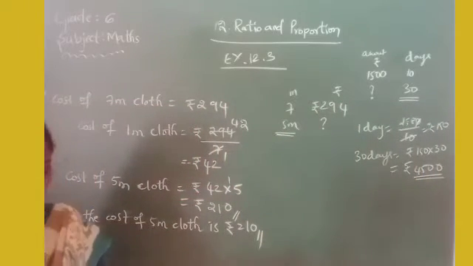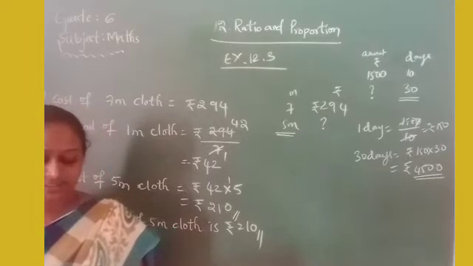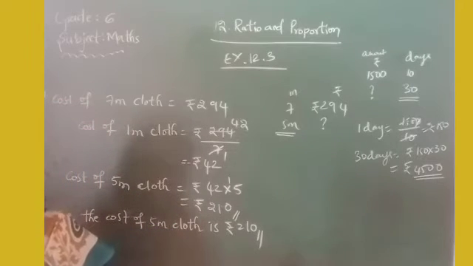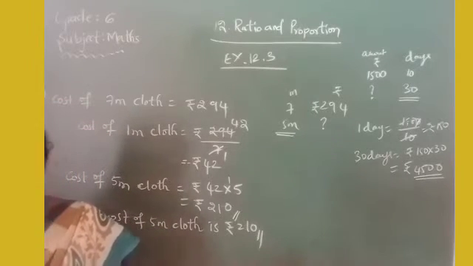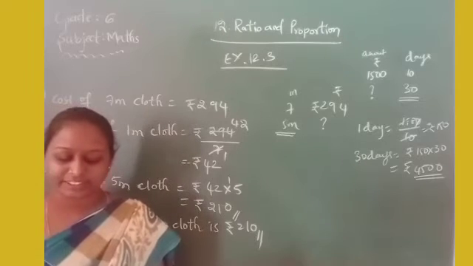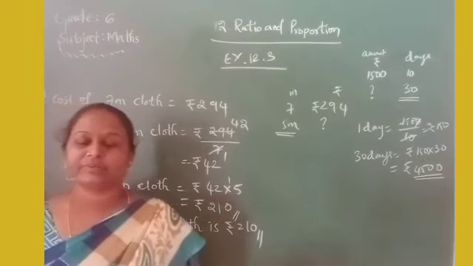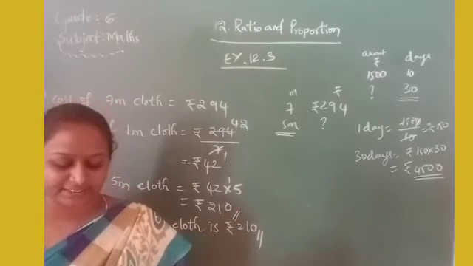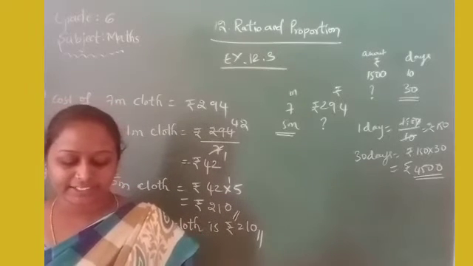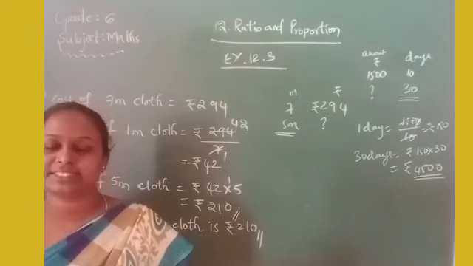Okay. See third question. If it has rained 276 millimeters in the last 3 days, how many centimeters of rain will fall in one full week? One full week means how many days? 7 days. Assume that the rain continues to fall at the same rate.